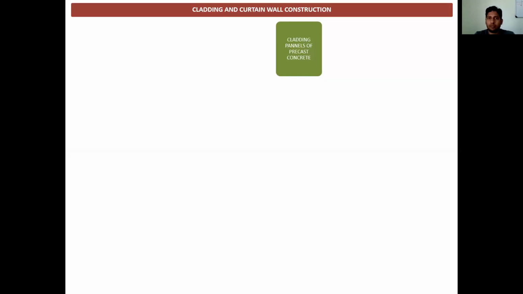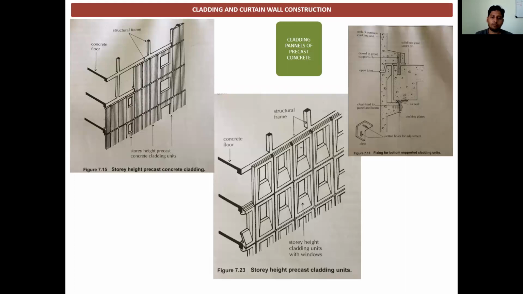So now, after the topic of facings, we are switching to the cladding panels of precast concrete. Precast concrete is very well known and very popular from the 50s and 60s, when Le Corbusier started his practice and worked in India, in Chandigarh and Ahmedabad. Construction having exposed concrete, concrete claddings, concrete panels, and the methods used to finish this kind of building.